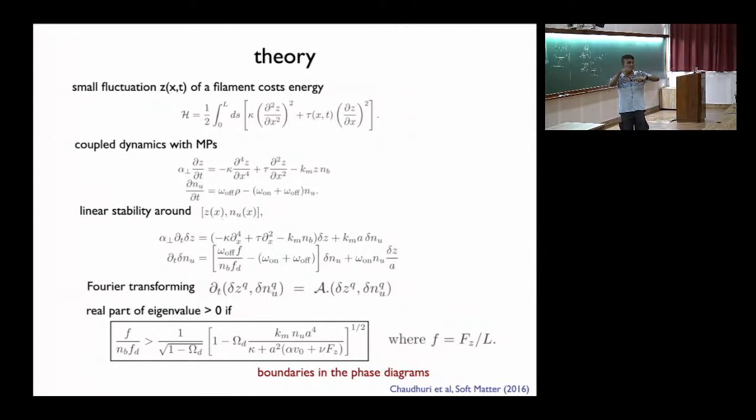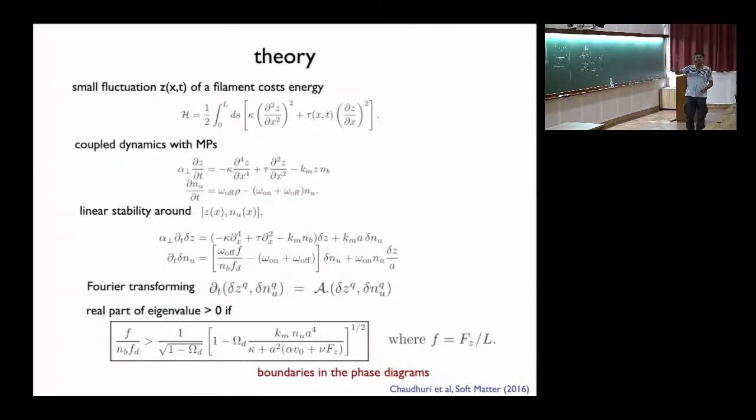So Z is like the local height of the filament from the substrate, and the number of attached motors Nu. You can write down this coupled equation, then you can look for the fixed point and do a linear stability analysis around that fixed point, do a Fourier transform, and in the Fourier space you will get some matrix and diagonalize that matrix. So I'm just giving you the framework.